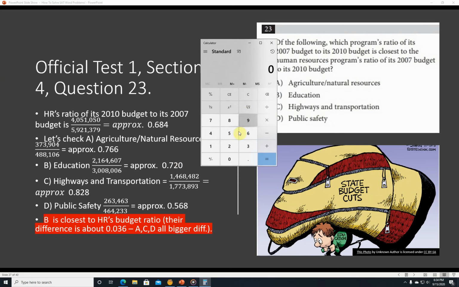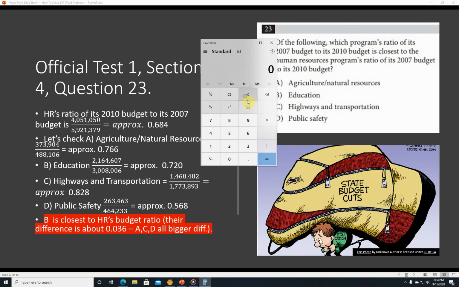Highways and transportation, it's going to be 1,468,482 over 1,773,893, which is roughly 82.7, so 82.8%, 0.828.